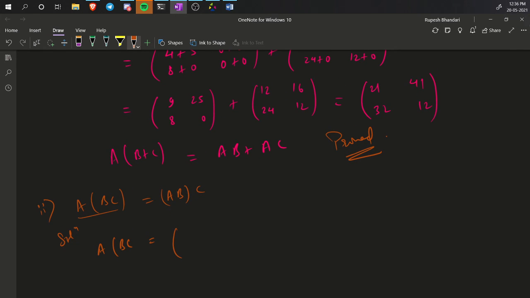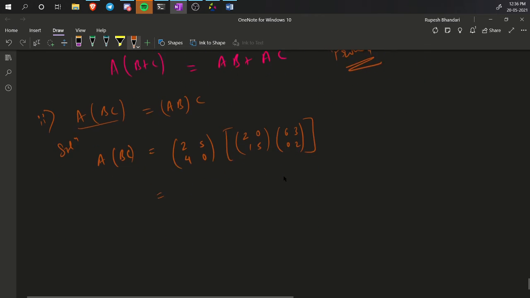A is nothing else but 2540. B is basically 2015. Then after that, C is basically nothing else but 6302.